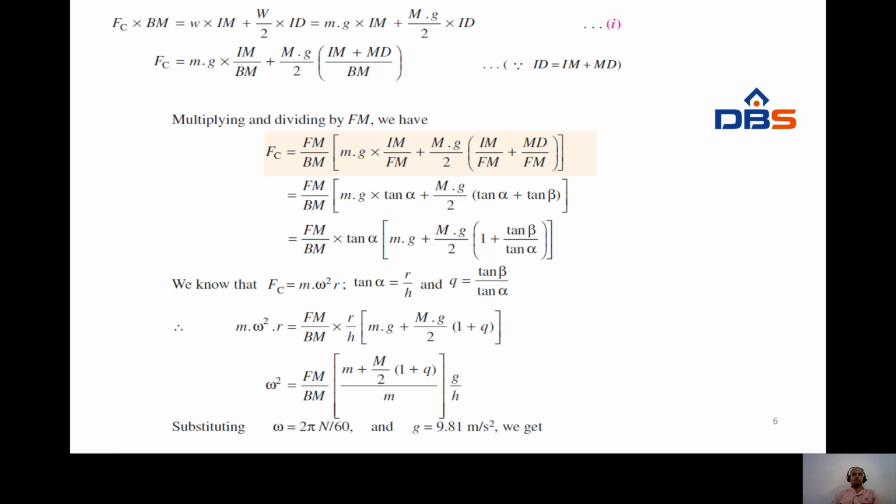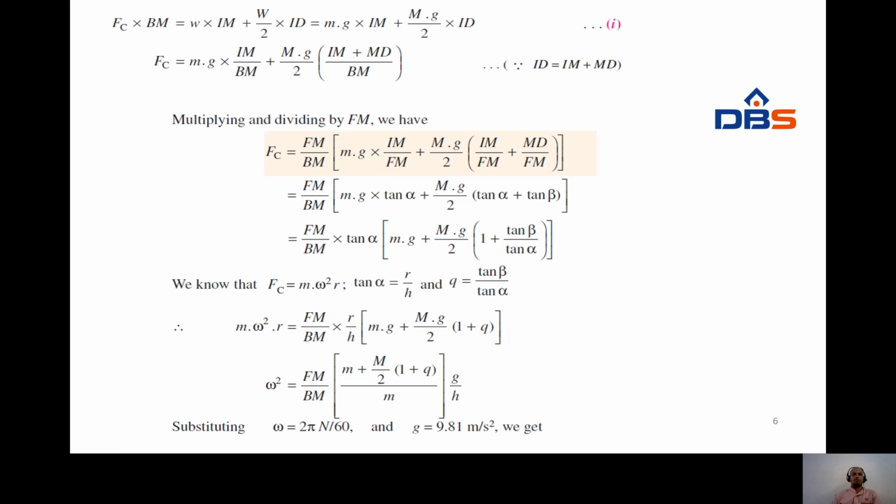So FC, we know, is the centrifugal force m omega square r. By expanding, the weight of the ball and the capital W, the weight of the dead weight of the governor: mg into IM plus capital Mg by 2 into ID. Then FC is equal to mg into IM by BM.